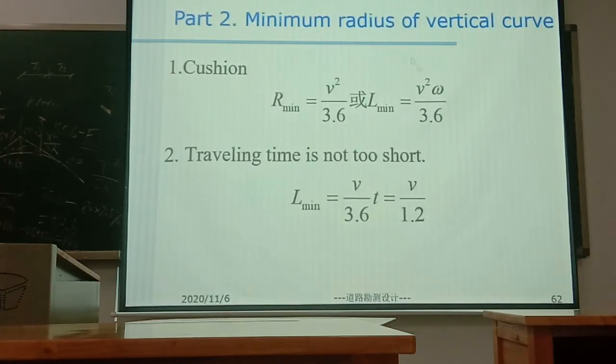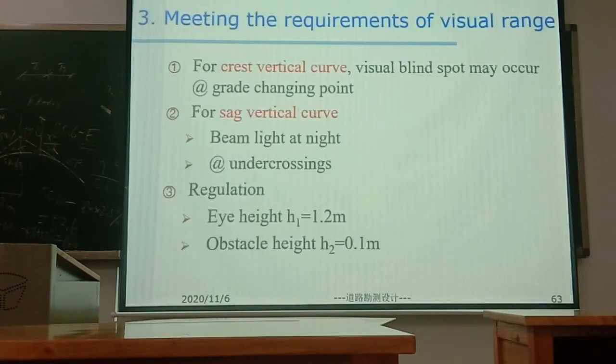The formula for cushion: travel time is not too short. Must keep 3 seconds travel time, 3 seconds at the design speed.